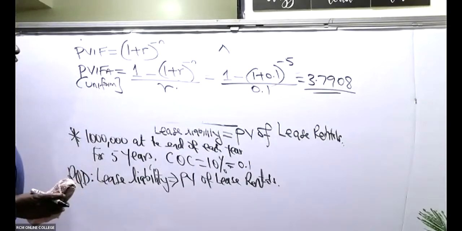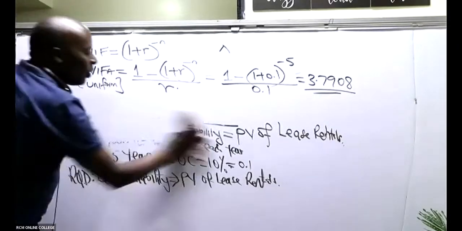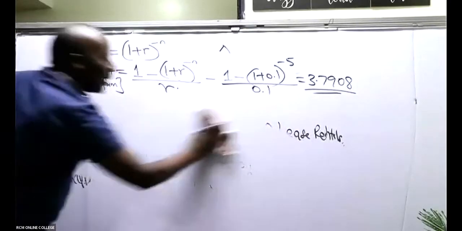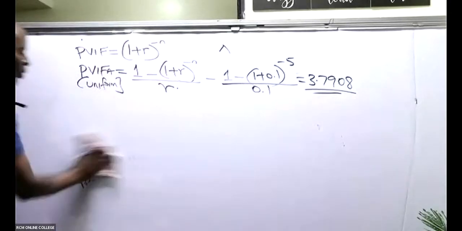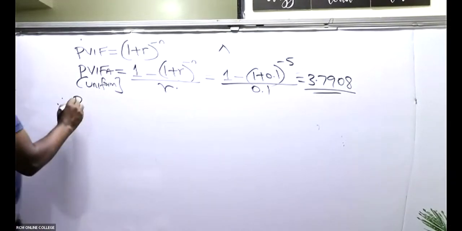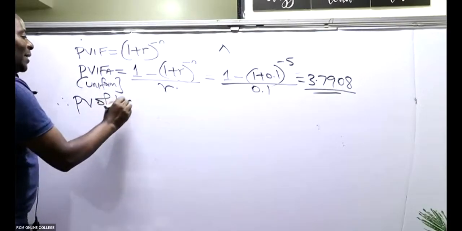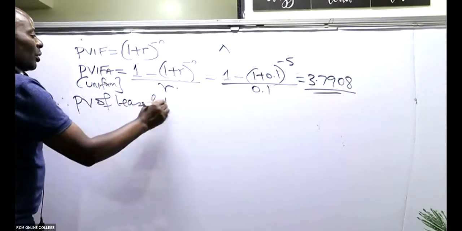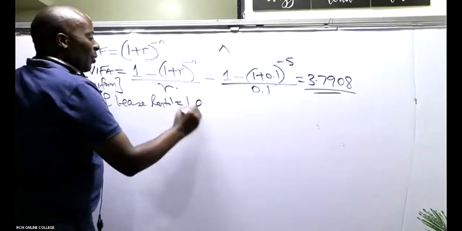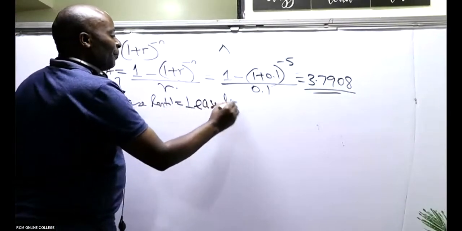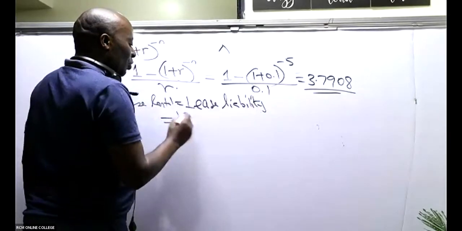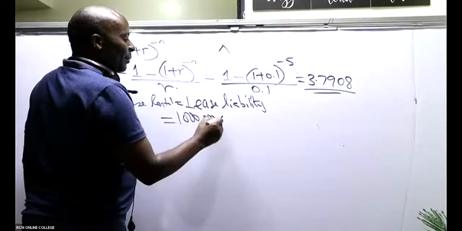And therefore, the present value of our lease rental will be equal to what? Therefore, present value of our lease rentals, which will be, in this case here, our lease liability, will be equal to the annuity of $1 million times PVIF.